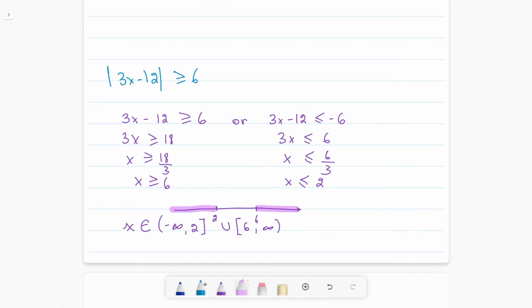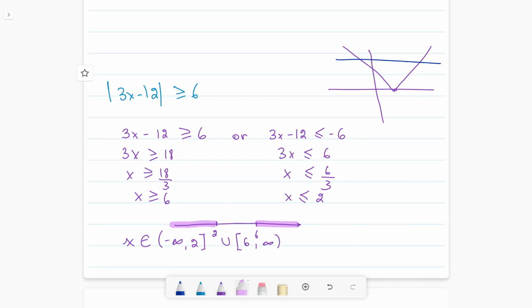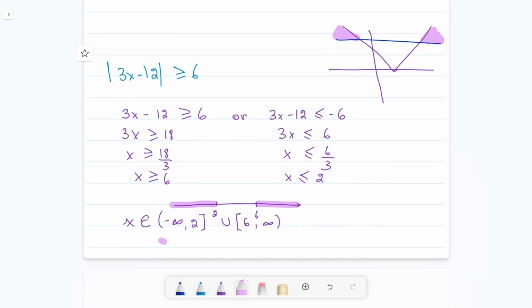However, in the second example, let's say this is our graph. And let's say this is the line y is equal to 6. We are looking for the regions where it is greater than 6. And this is why we get two intervals.